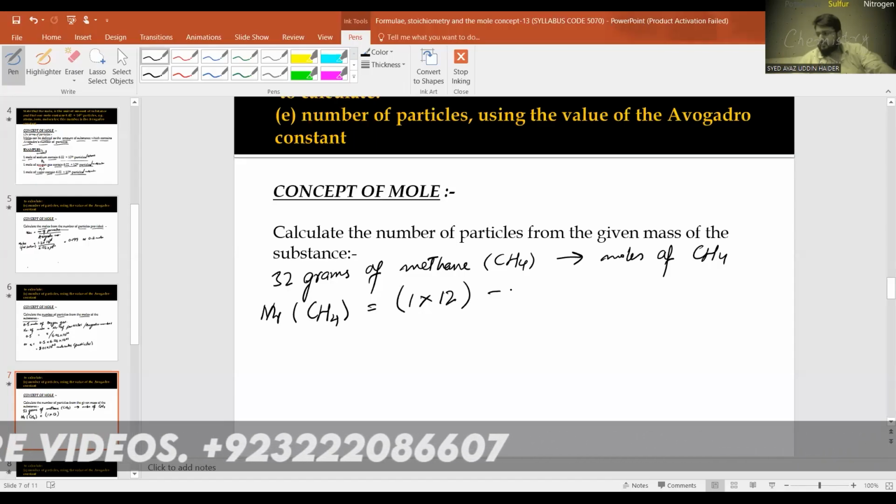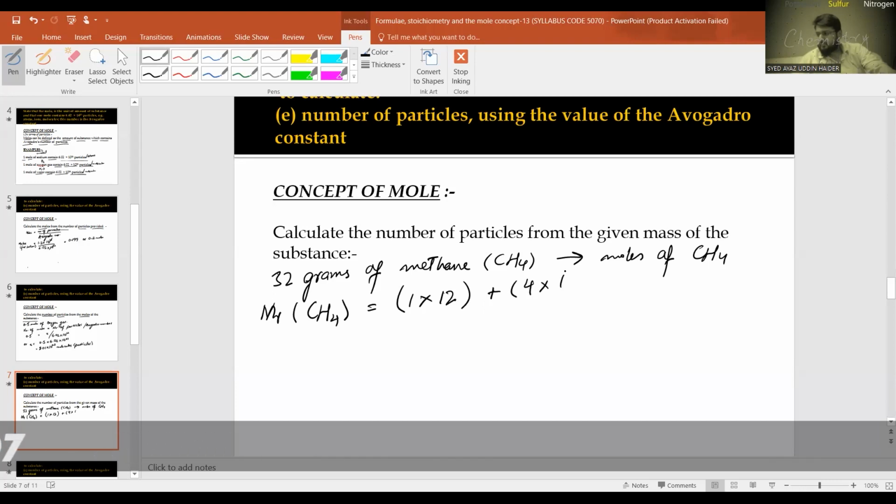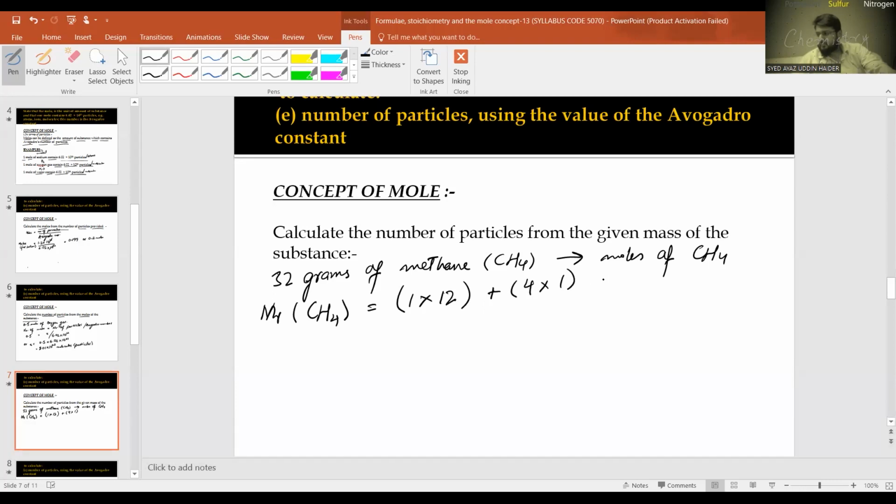Plus, we have 4 atoms of hydrogen. AR of hydrogen is 1. So, if you add these, you'll get 16. So, divide 32 by 16. Number of moles of CH4, you'll get 32 divided by 16. You'll get 2 moles of CH4.